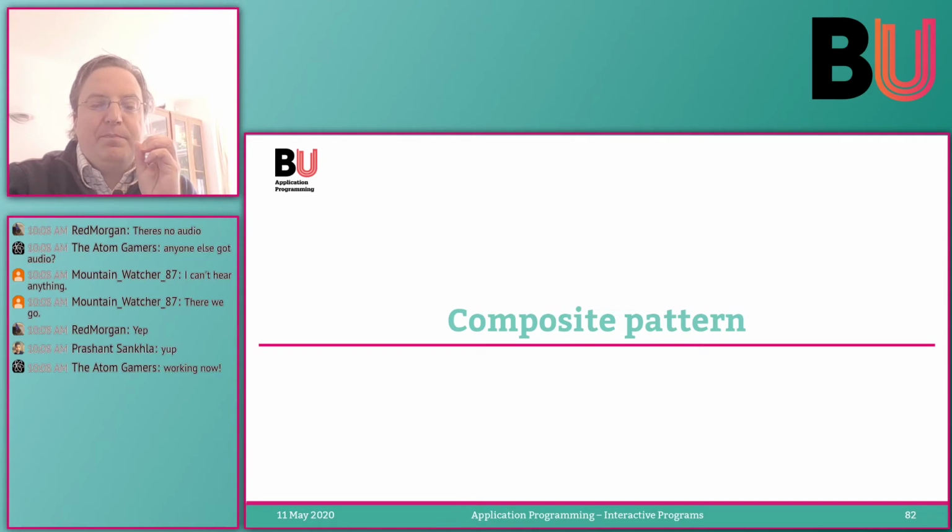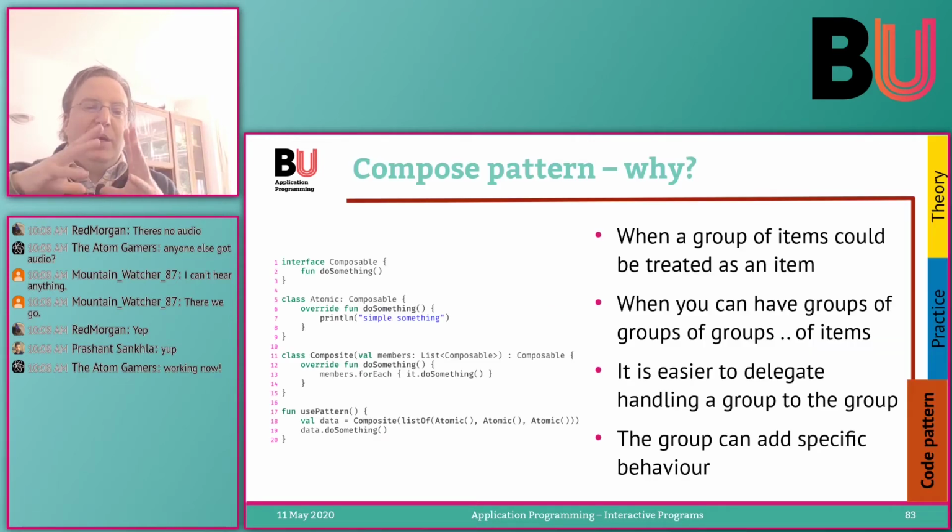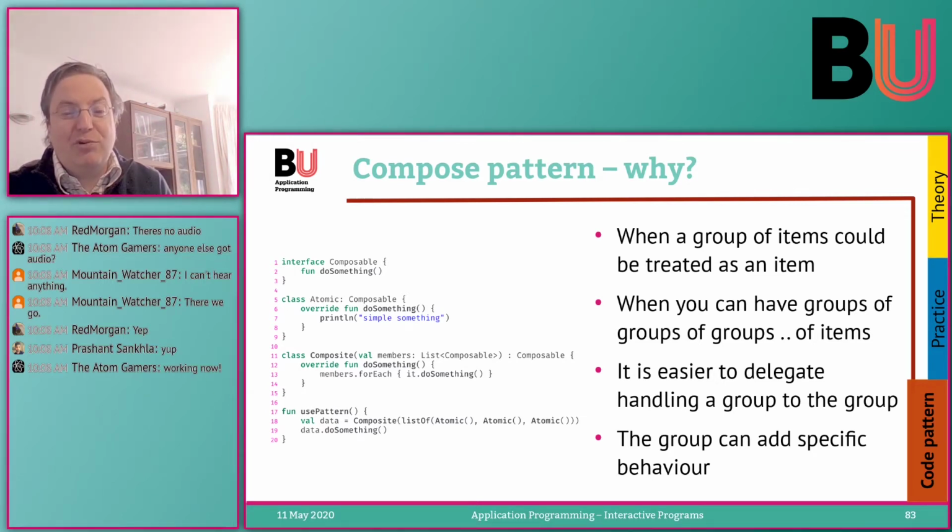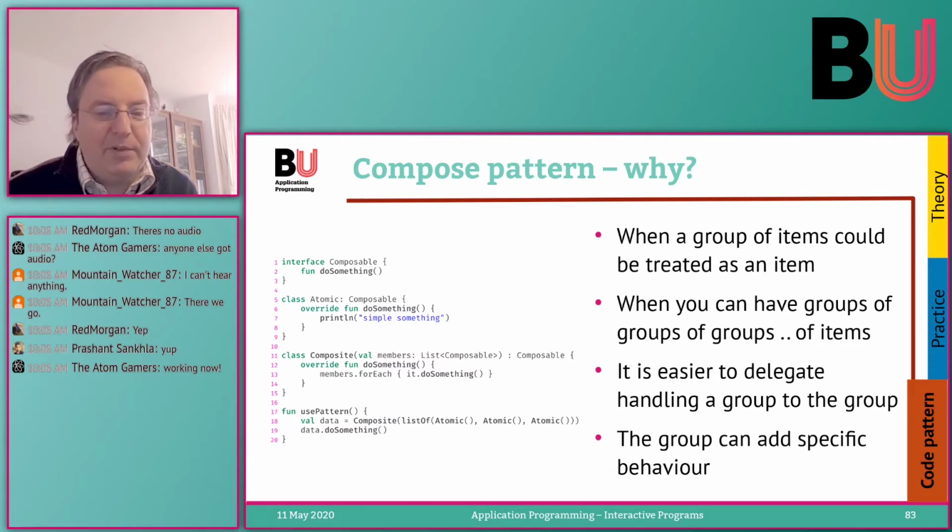The composite pattern is where you have a type that contains a container that contains children of its own parent type. So a composable interface might have a composite type that has a list of composables, and itself is also composable, and then you can do something for each of those.